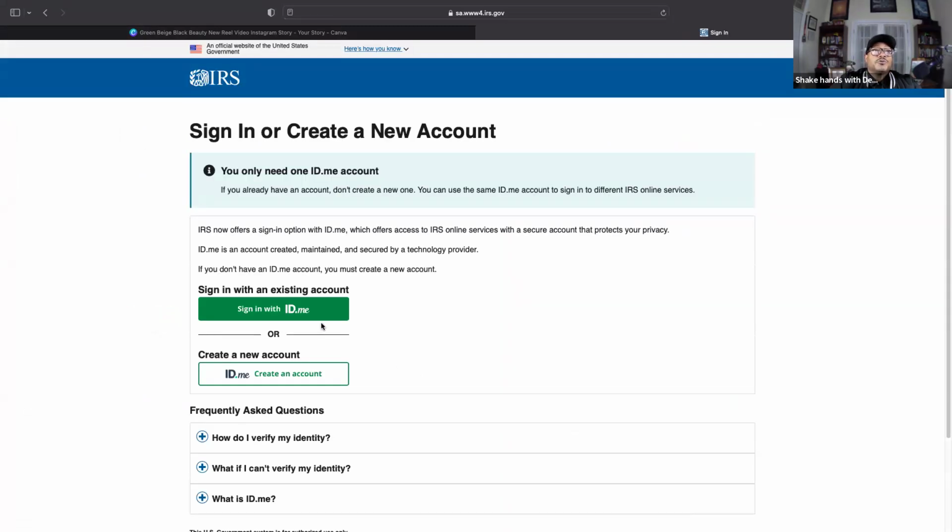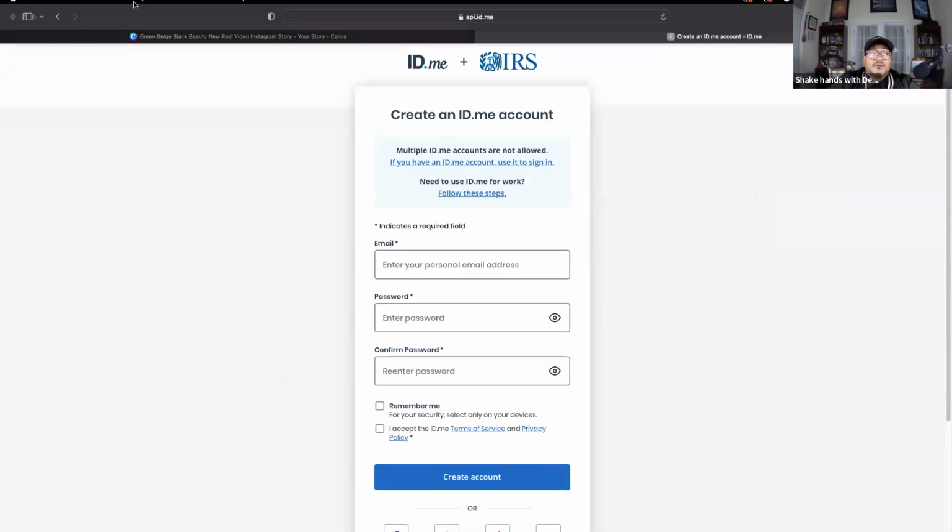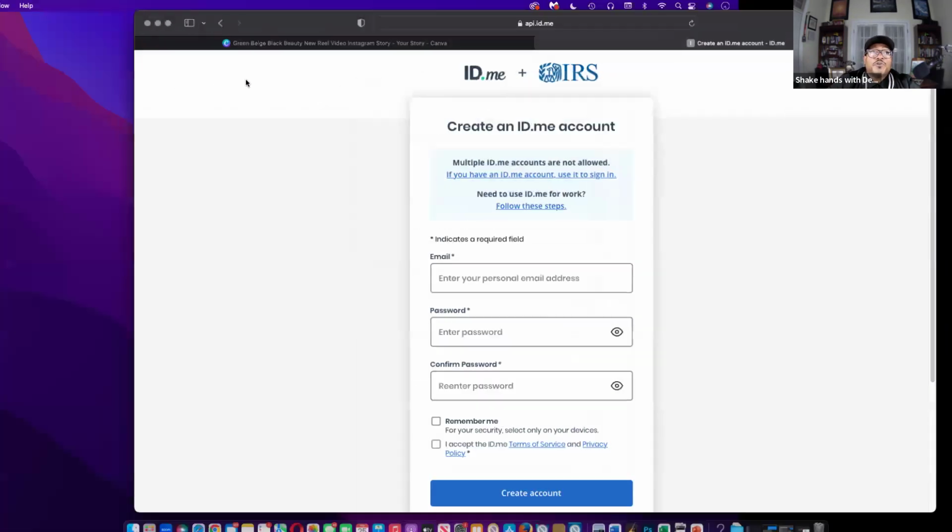And then most likely, unless you work for the government already, you may already have a sign-in with your ID.me. If not, you have to create an ID account here, and it'll ask you to create one if you have not done that. Okay, so that's what you want to do first.